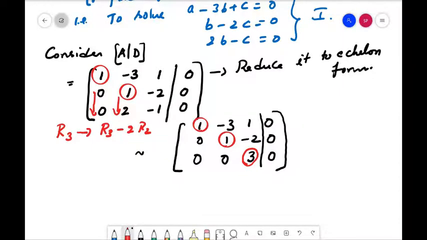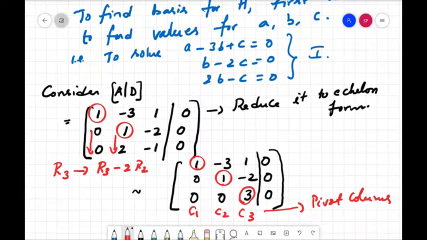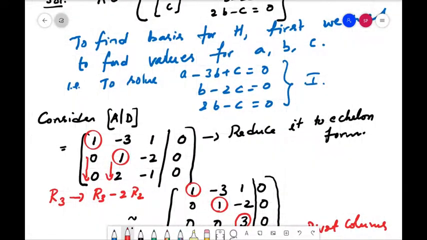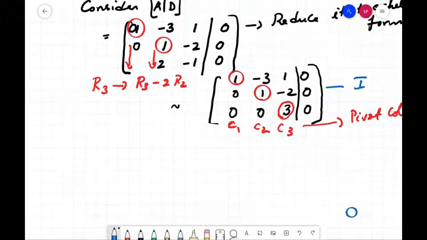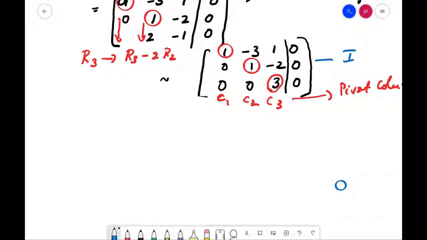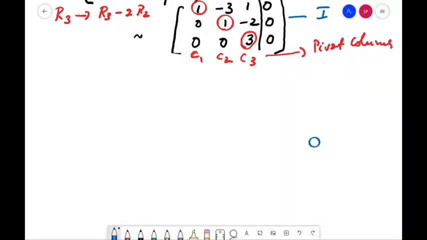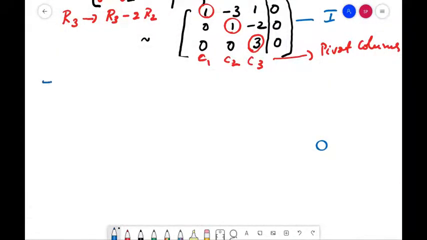But here you have taken this, so I have C1, C2, C3, all are pivot columns. C1, C2, C3 are pivot columns, which implies I will write here all the three columns are pivot columns.